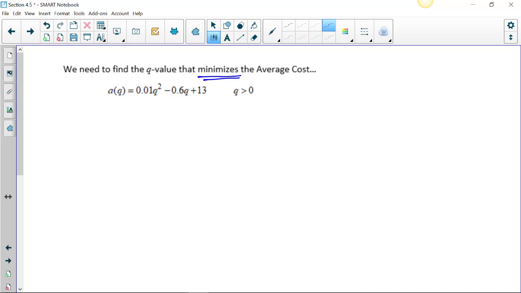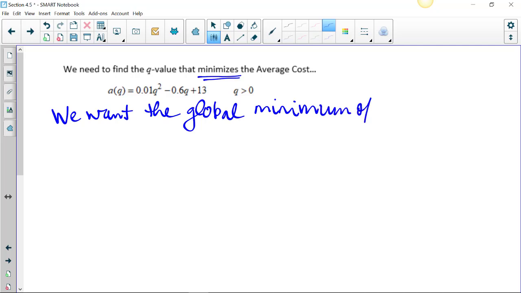So ultimately, what we're trying to find is the global minimum of the average cost function, which is what we did in section 4.3.